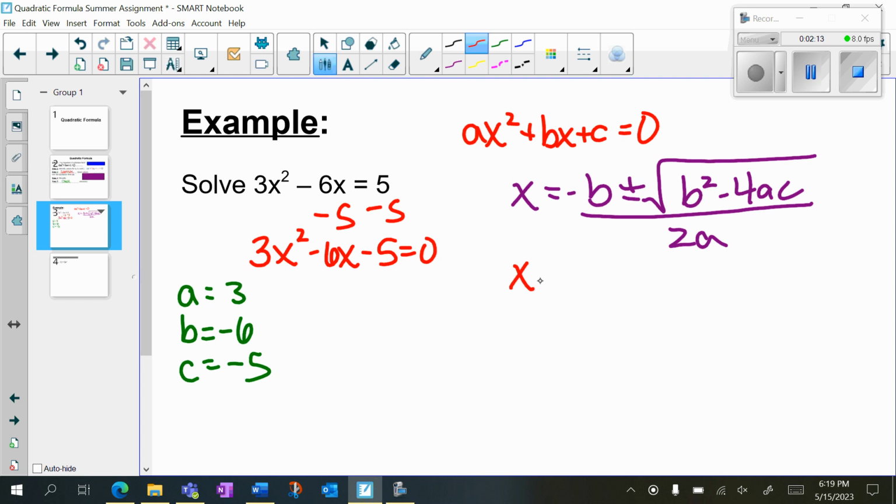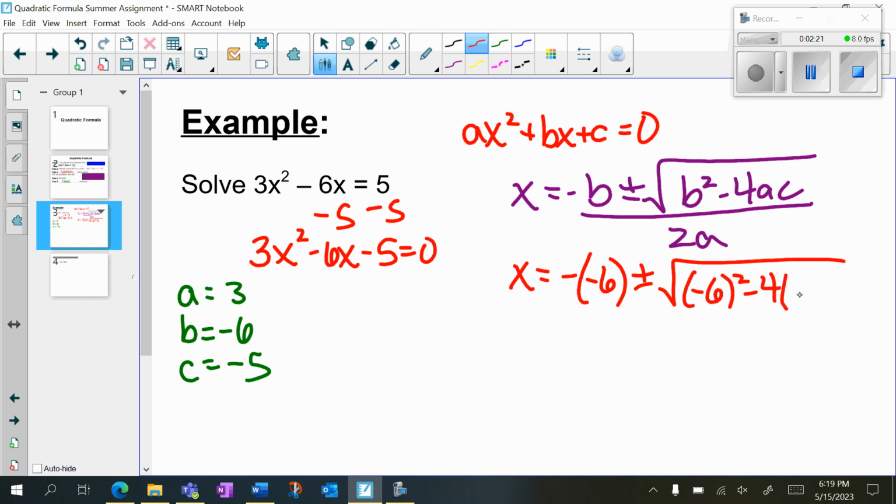So I'm going to substitute x equals negative 6 plus or minus the square root of negative 6 squared minus 4 times a, which is 3, times negative 5, all over 2 times 3.